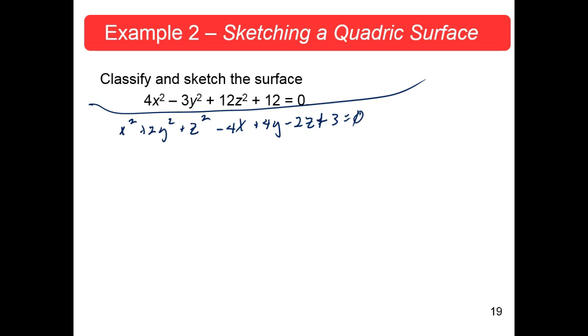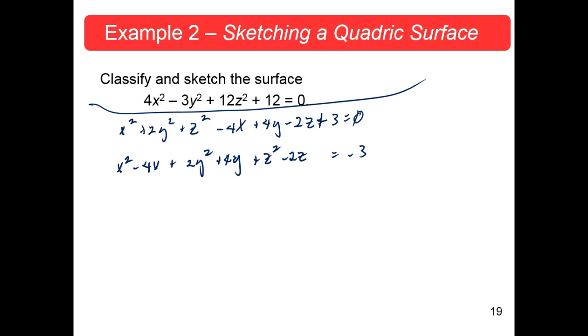And maybe put the constant on the other side. So let's do that. This would be x squared minus 4x plus 2y squared plus 4y plus z squared minus 2z is equal to negative 3.